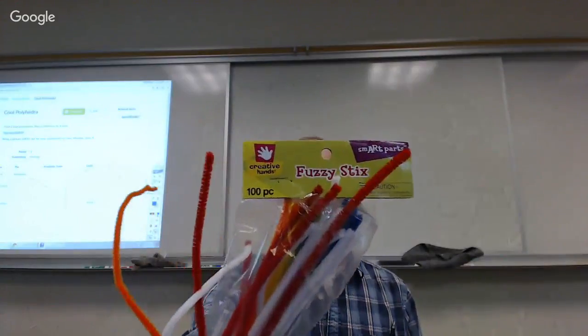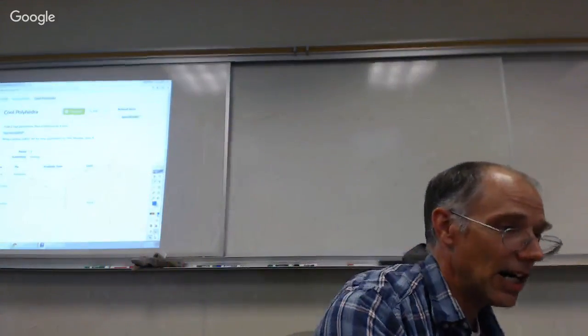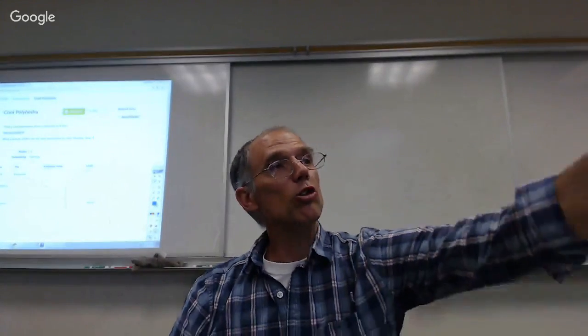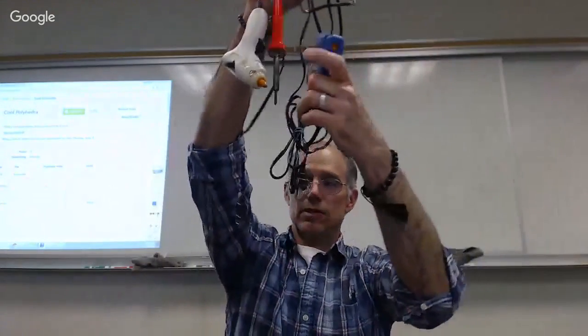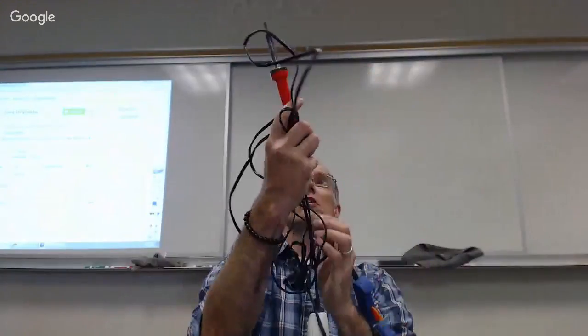Fuzzy sticks. I have glue guns and soldering irons. I'm going to bring a ton of stuff to build with. So if you can think of anything you might have in your supply of art stuff that you could bring to help build stuff, great. I'll have a ton of stuff if you don't have anything, but think of stuff you could bring that you could build with.